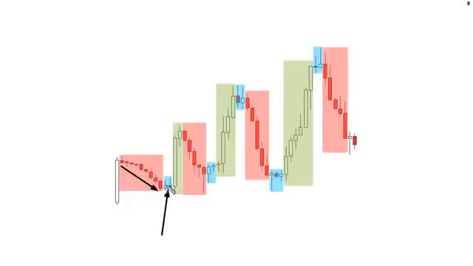Then this is the transitionary period. This is where we start to get a transition from that trend controlled by sellers to a trend controlled by buyers. Now, this is the key. This is where you want to enter the market when you start seeing transitions.